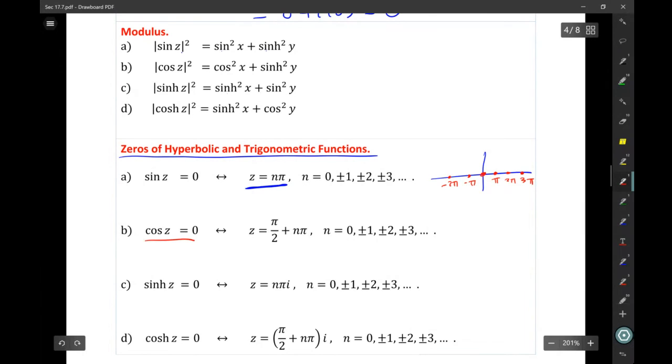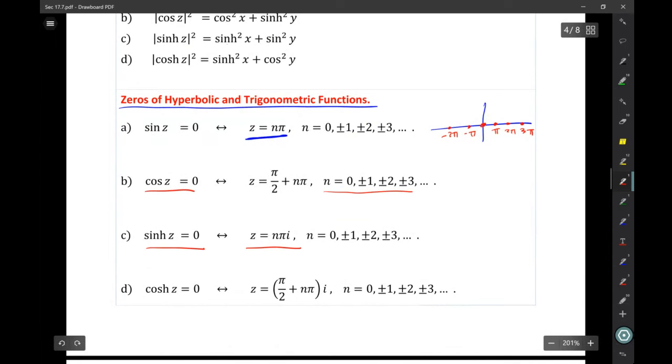Now cos z will be 0 when z is equal to pi over 2 plus n pi. If you take different values of n, when n is equal to 0 it becomes pi over 2. When n is equal to 1, pi over 2 plus pi, which is 3 pi over 2, and so on.